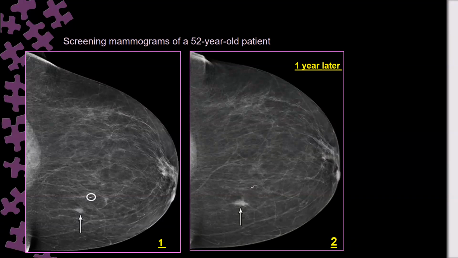So you call it what? What is this? Breast tissue marker. What is the shape of the breast tissue marker here? I think the ribbon shape, but it is not this one. This one. You see this tiny opaque structure.